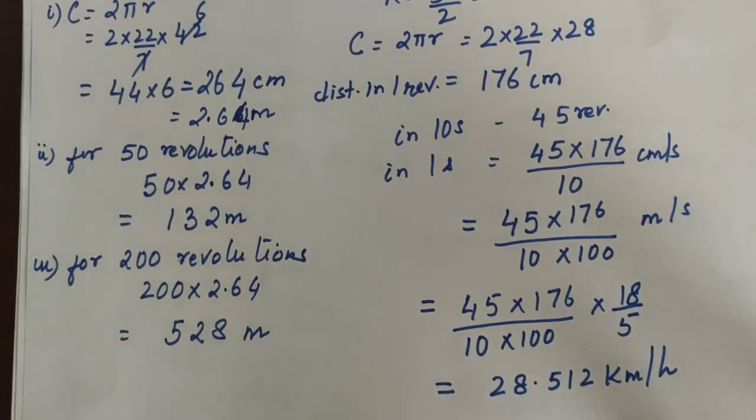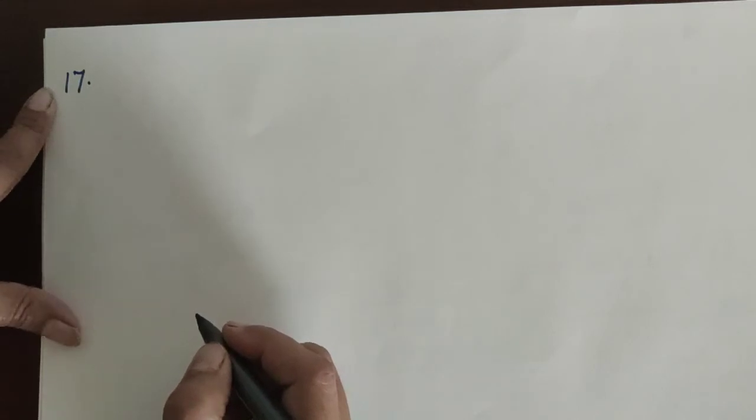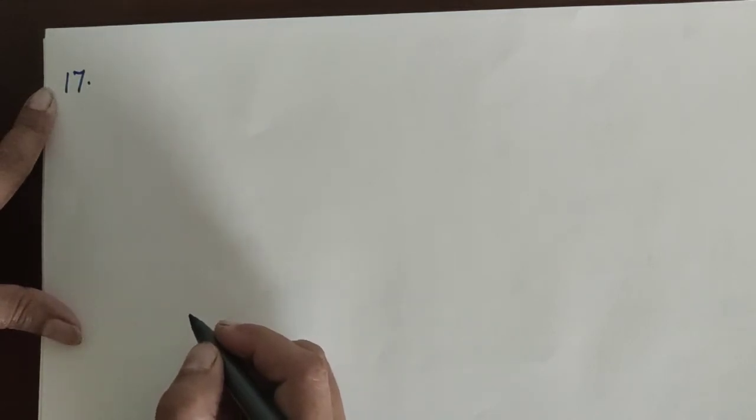Now I'll move on to question number 17. Question number 17 is: a piece of wire of length 108 centimeter is bent to form a semicircular arc.